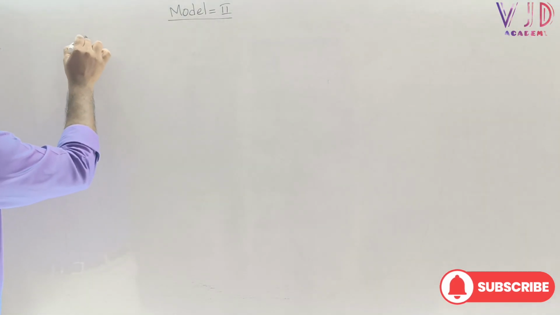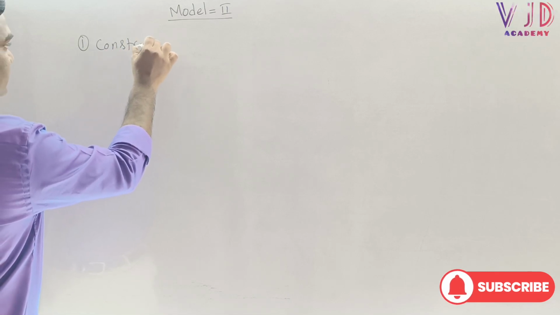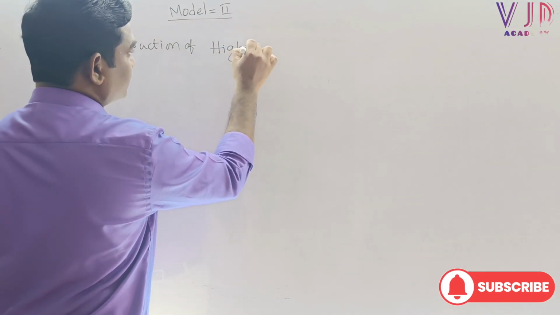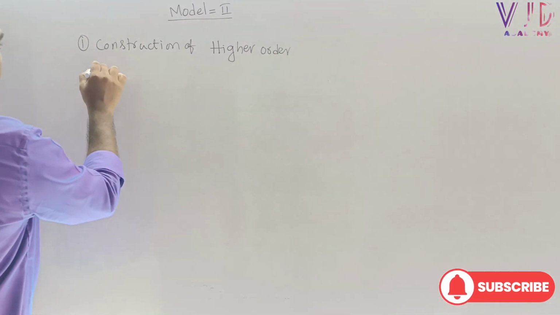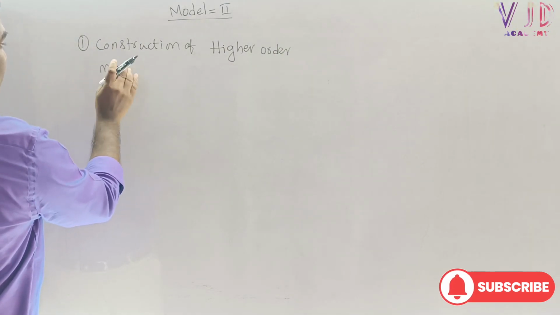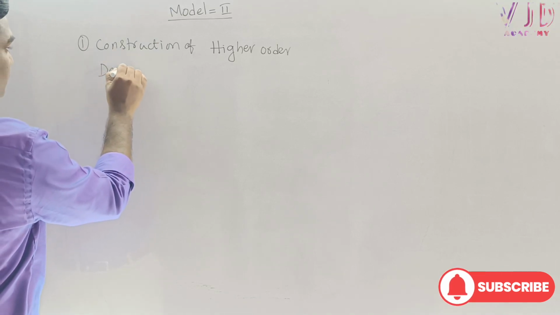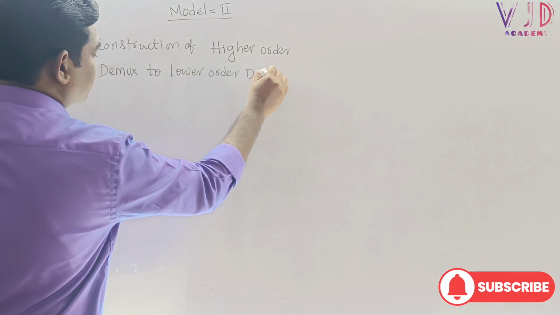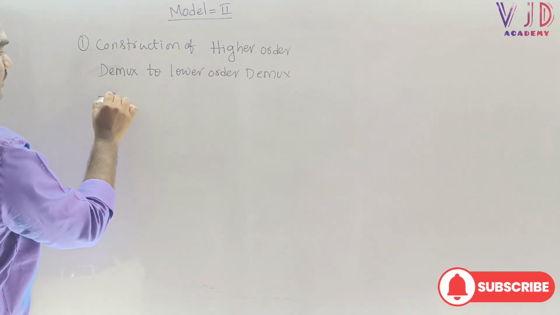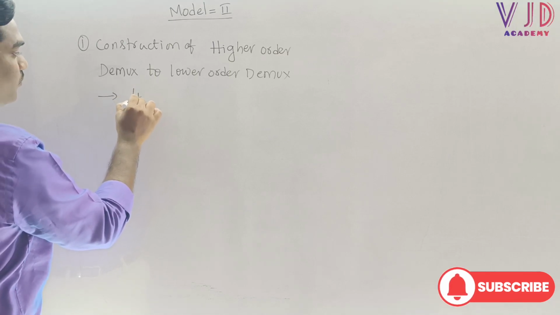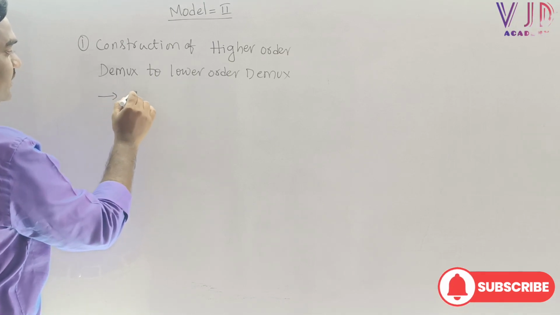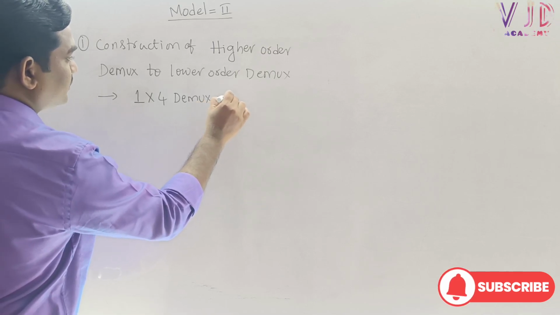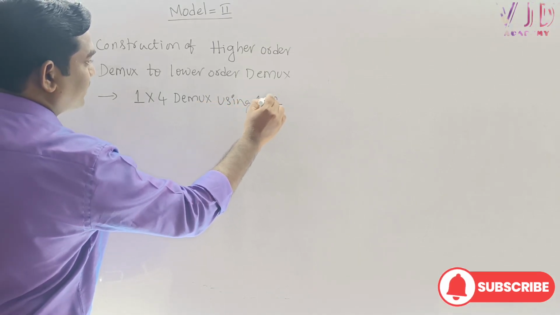Here the construction of higher order demultiplexers to lower order demux, which means simply we can say here construction of 1 into 4 demux using 1 into 2 demux. Sir, how to construct?